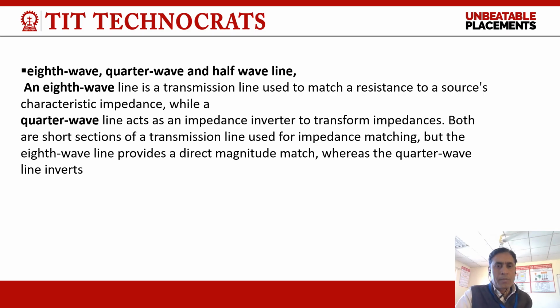Eighth wave, quarter wave, and half wave line. An eighth wave line is a transmission line used to match a resistance to a source characteristic impedance, while a quarter wave line acts as an impedance inverter to transform impedances. Both are short sections of transmission line used for impedance matching, but the eighth wave line provides a direct match, whereas the quarter wave line inverts.